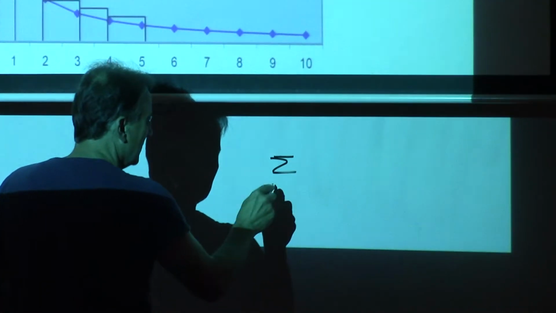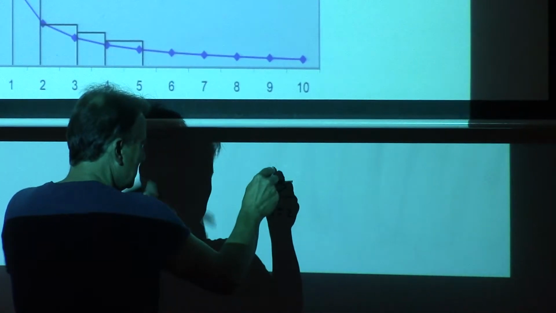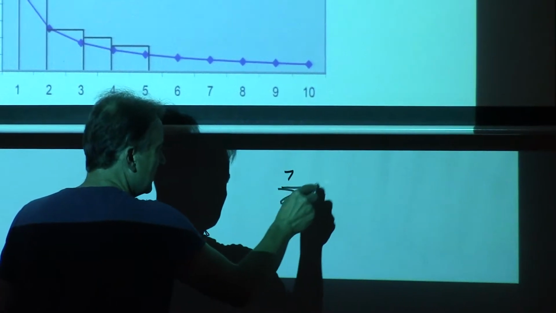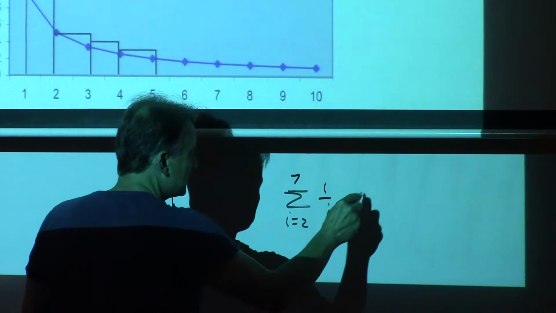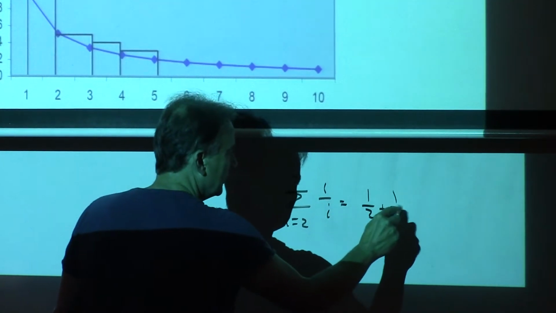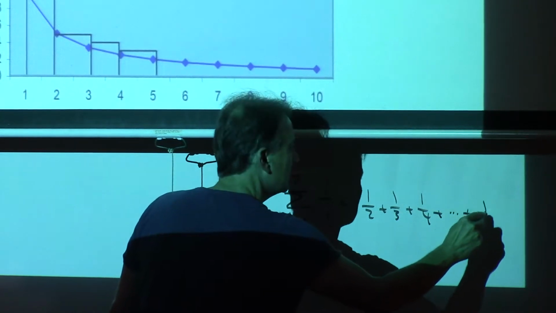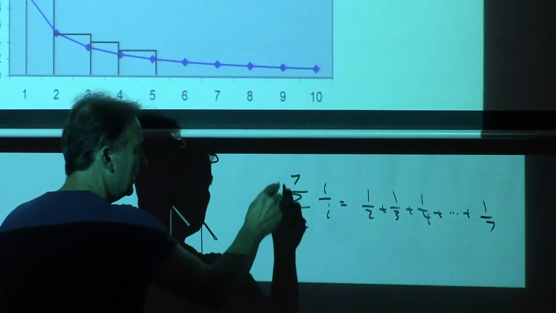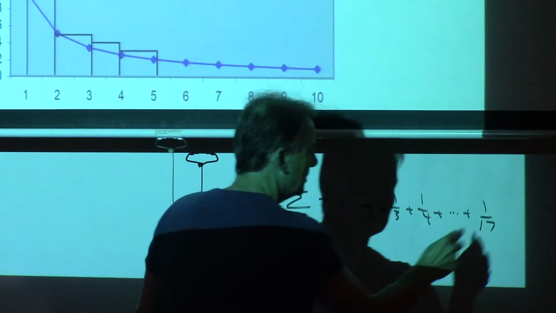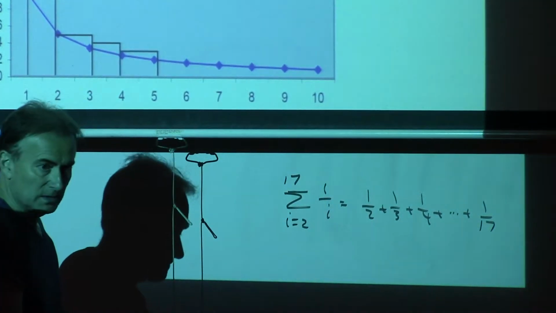The summation as i goes from 2 to, let's say, 7 of 1 over i. Of course, that's going to be 1/2 plus 1/3 plus 1/4 plus, and the final one is going to be 1/7, right? And if I had 17, plus 1 over 17, right?